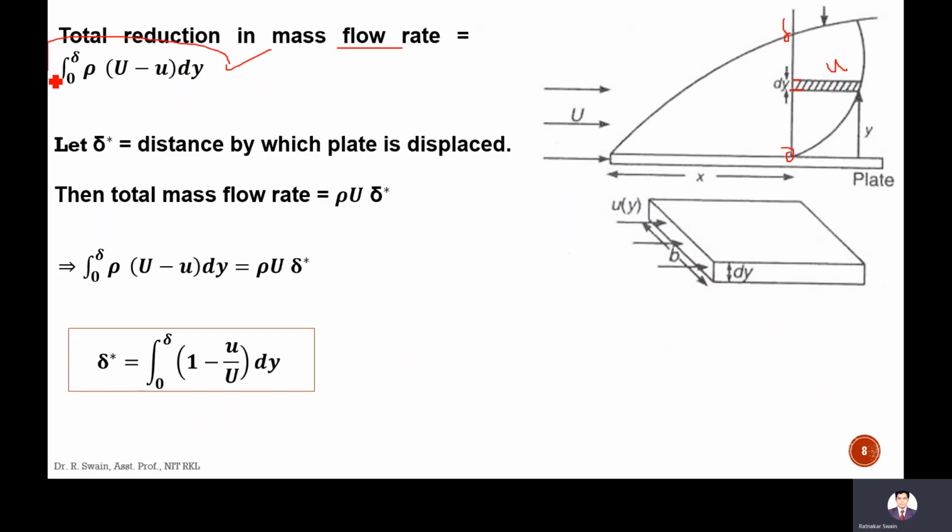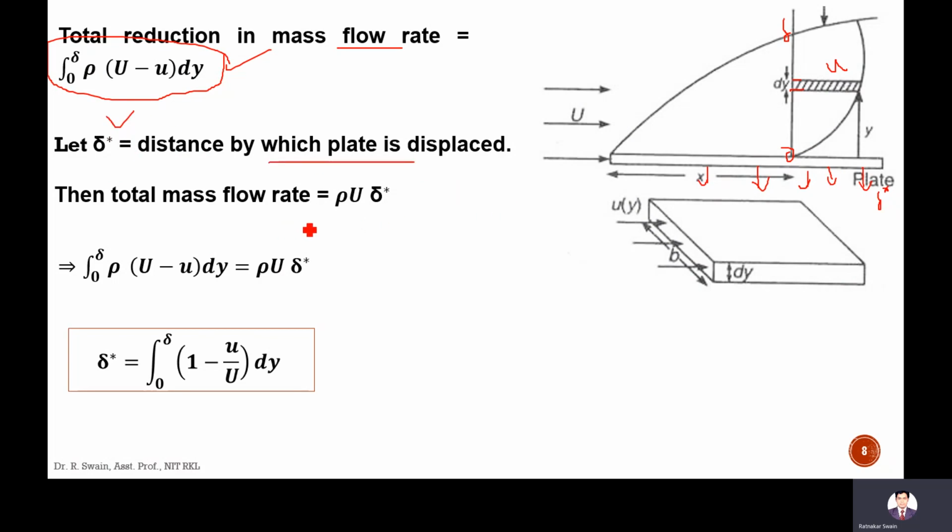To compensate this value, we have displaced this plate in the perpendicular direction. Our displacement is delta star. Delta star is the distance by which the plate is displaced.